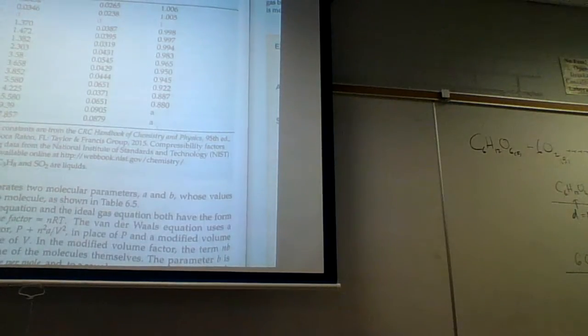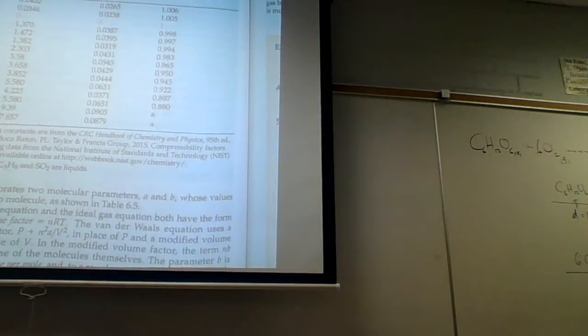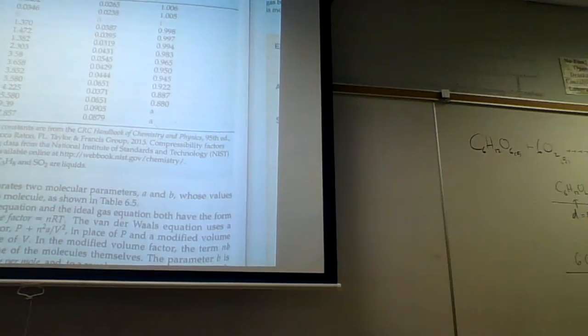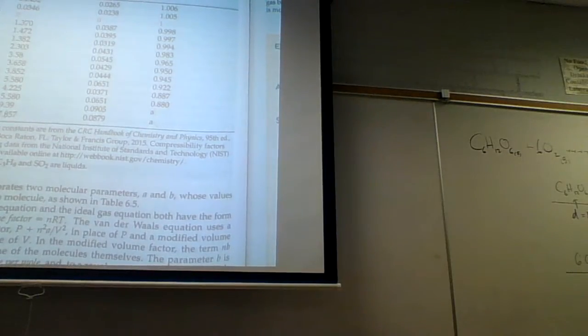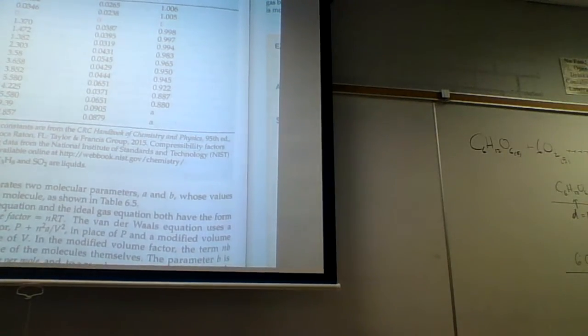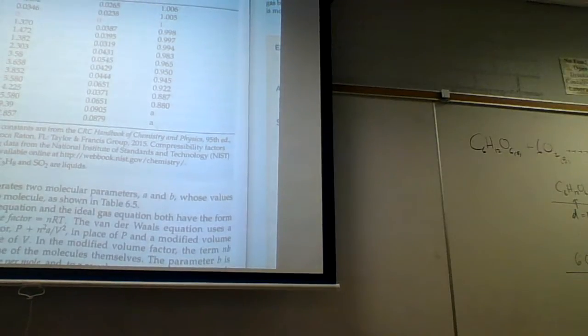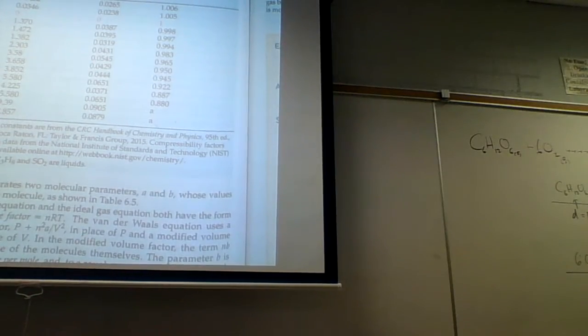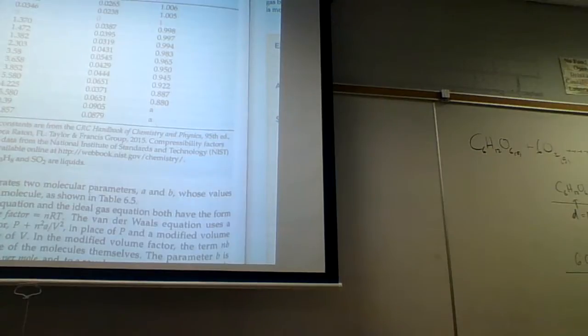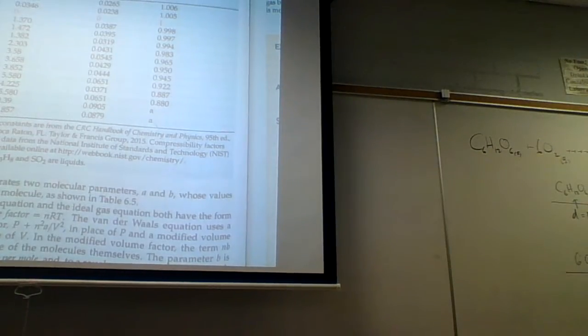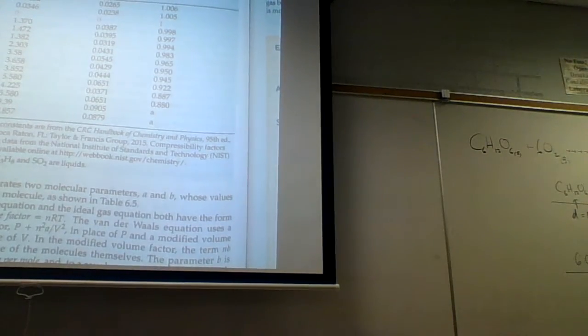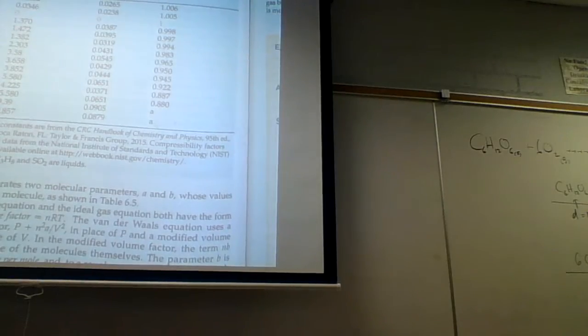Looks like it's 9.39, propane. There are things even less ideal than propane, but propane is the least ideal species on this chart. Where's oxygen and where's CO2? CO2 is in the middle. Oxygen's closer to ideal, and CO2 is a little less than ideal.